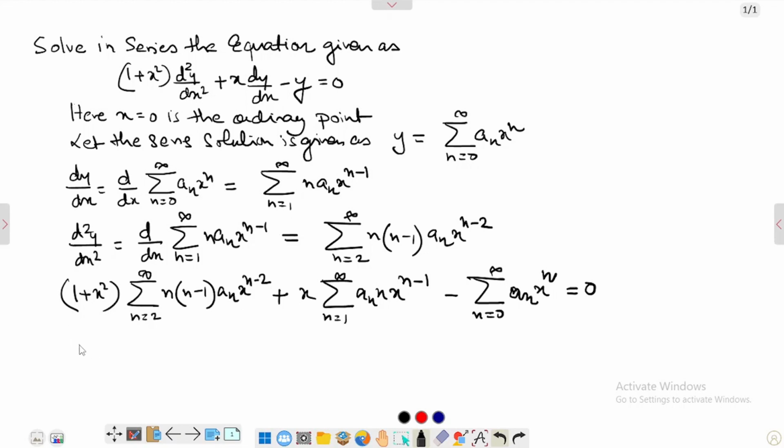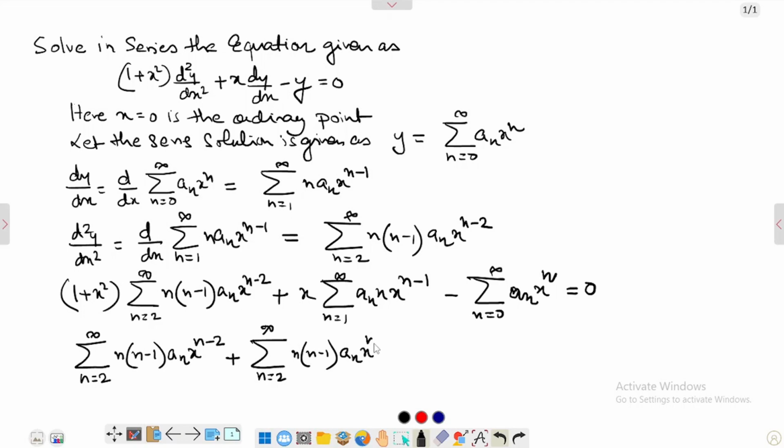Now if I multiply the terms, I get sum n equal to 2 till infinity n(n minus 1) a_n x^(n minus 2). My next term is sum n equal to 2 till infinity n(n minus 1) a_n x^(n minus 2) times x squared.